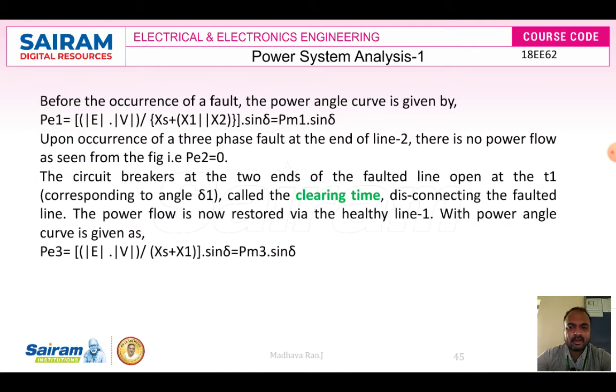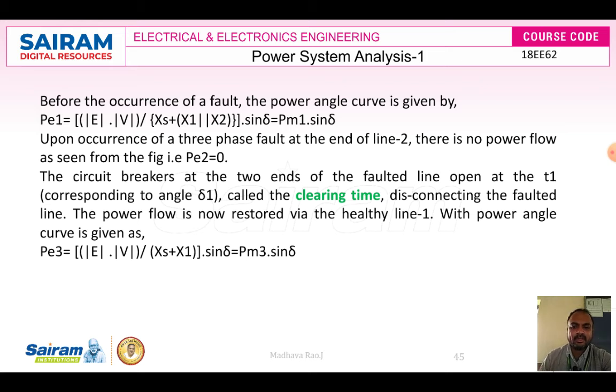Before the occurrence of the fault, the power angle curve is given by PE1, which is modulus of E by xs plus x1 parallel to x2, into sin delta, that is PM1 sin delta. During the fault, PE will be equal to 0. Upon occurrence of the three phase fault at the end of line 2, there is no power flow, so PE2 is equal to 0.